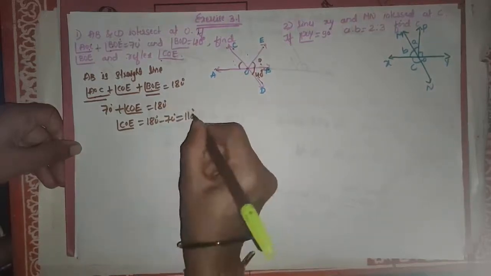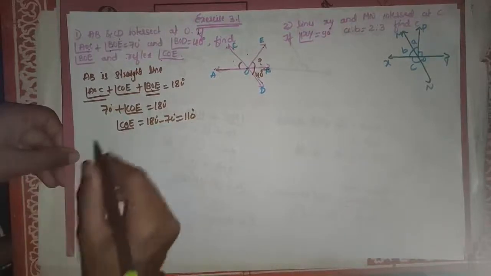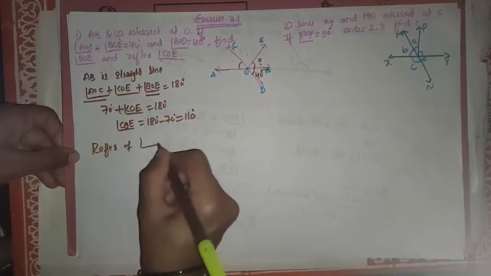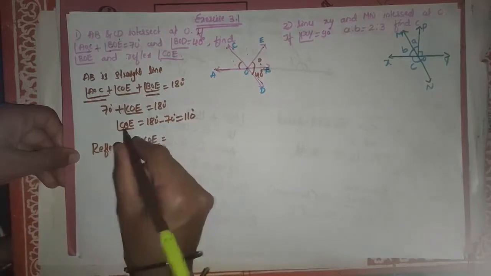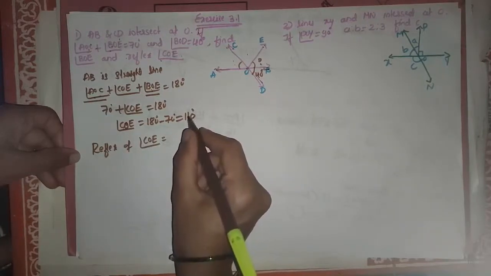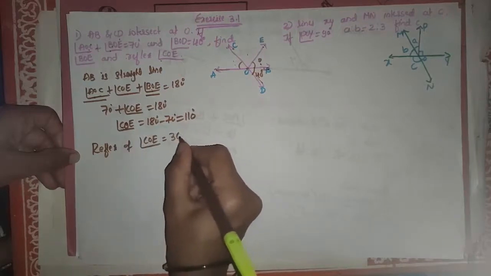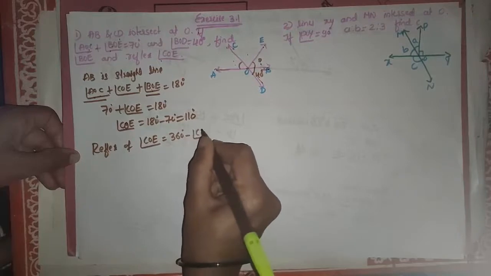Okay, now we need to find out the reflex. Okay, so here reflex of COE. So COE, we know that it is 110. If you need to find the reflex of COE, it means we need to write 360 minus COE.